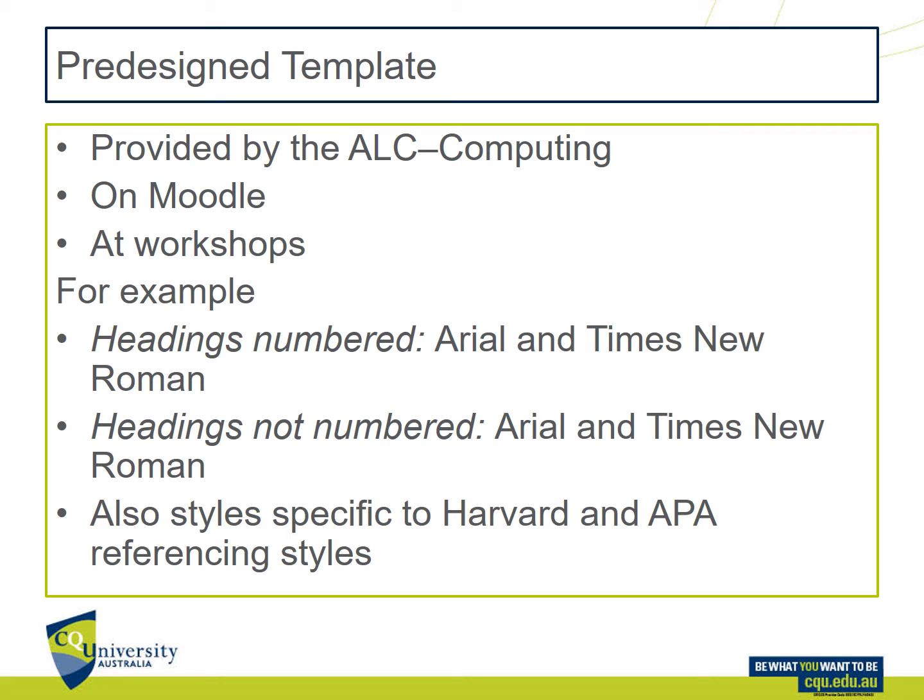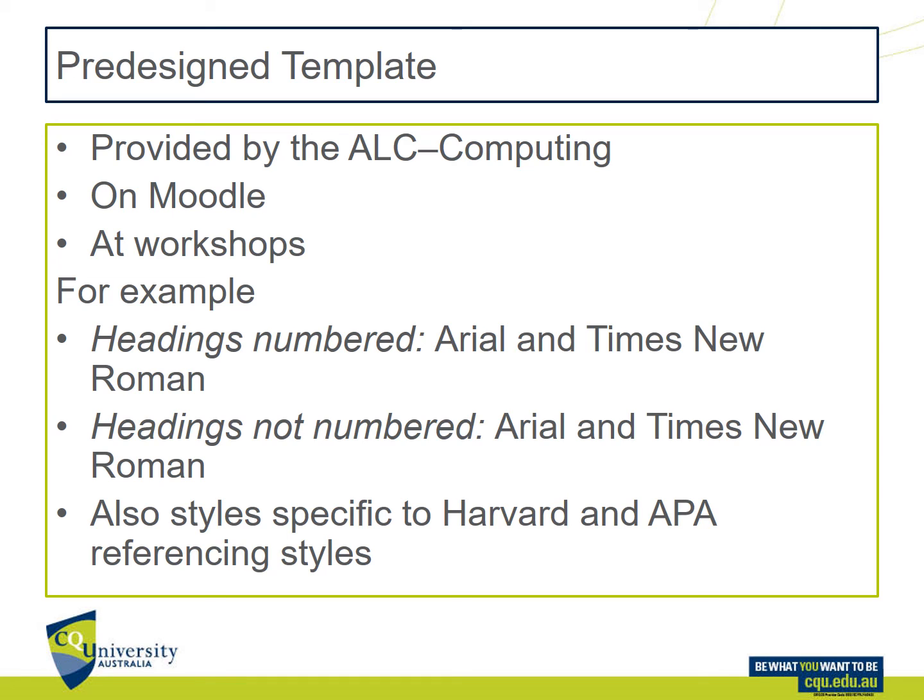The templates will consist of several different types. For example, you may want to use Arial and you may want to have your headings numbered. There's a style for you. You may want to use Times New Roman and have your headings not numbered. There's also a style for you.